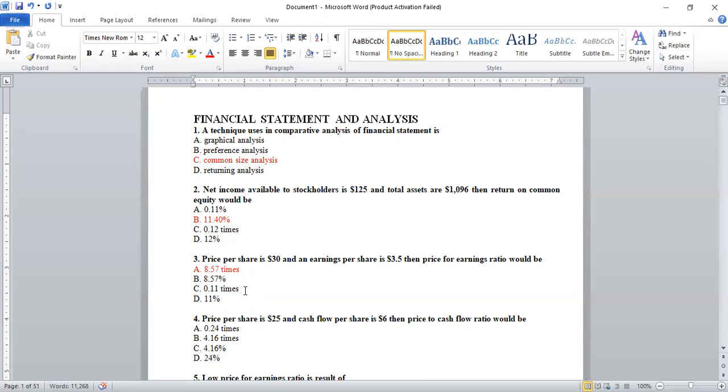And this is obtained by taking the price per share divided by the earnings per share, and we obtain 8.57.